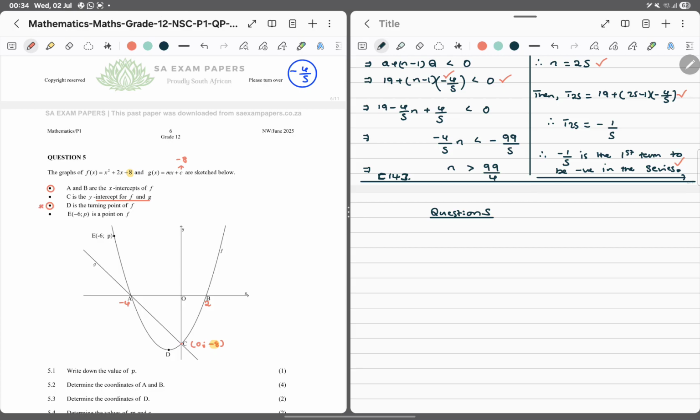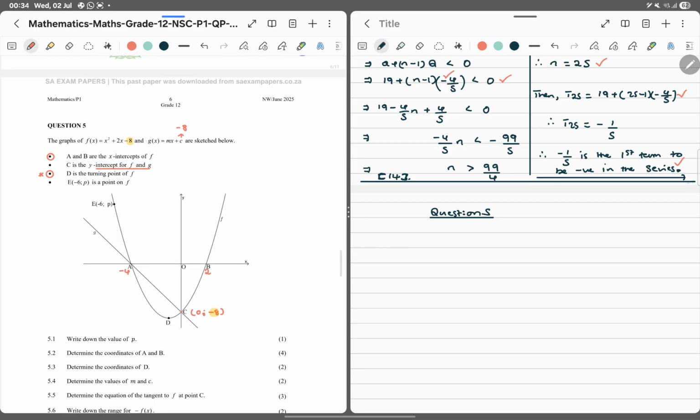So we can do whatever we know how to do to find the turning point. We take the average of these two. So 2 minus 4, that's minus 2. Divided by 2, it's minus 1. So we'll have minus 1 and take minus 1 in there. This is 1 minus 2. 1 minus 2 is going to be minus 1.